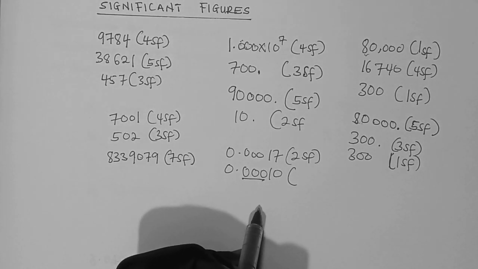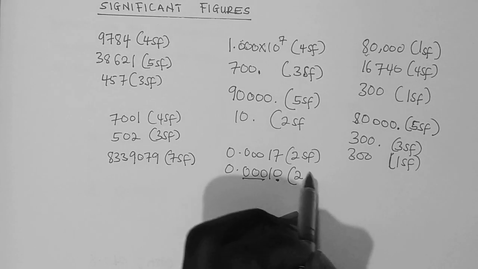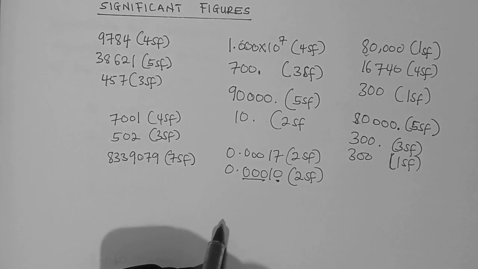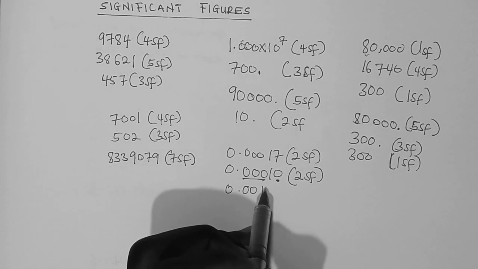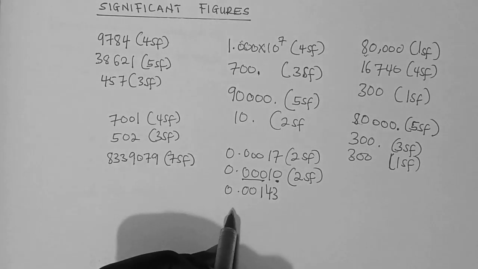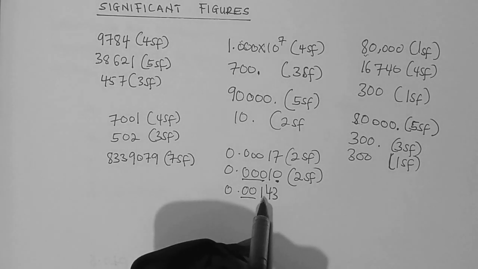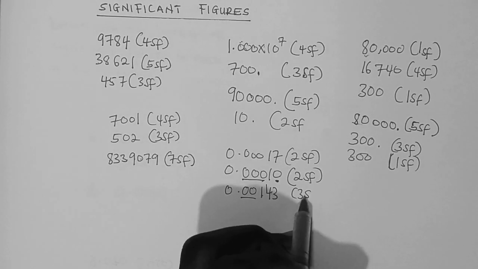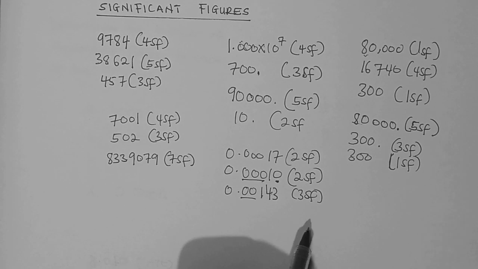They are insignificant. However, a trailing zero is here, which is significant. So here's 1, 2, and therefore this is two significant figures. What about 0.00143? So these are two leading zeros, insignificant. So 1, 2, 3. So this is three significant figures. So leading zeros to the left of first non-zero digits are never counted as significant.